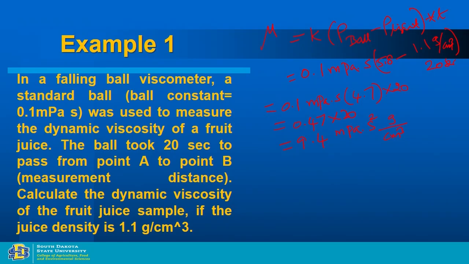So I'm not sure why they have millipascal times second as a unit. That's a viscosity unit, correct? So I need to check on it. I will check on it and then I'll come back in the afternoon with the correct information. Okay. Yeah, I don't think that is right. I think this millipascal time should not be there.